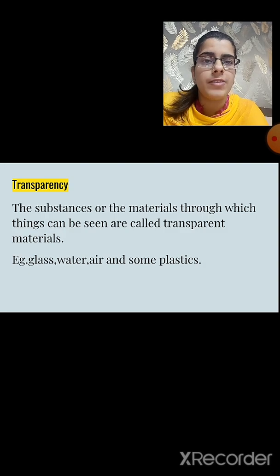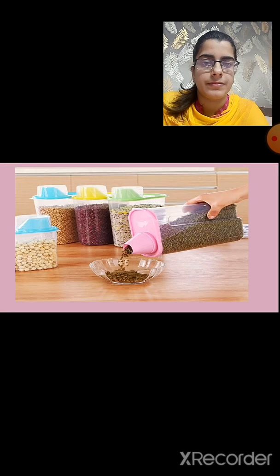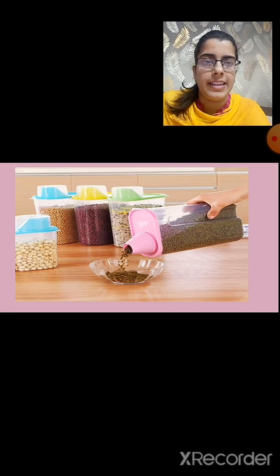So, it allows us to see on the other side. So, such materials are called transparent materials. Some examples of transparent materials are glass, water, air, and some plastic. See, through this we can see.